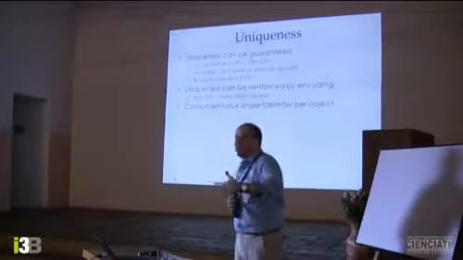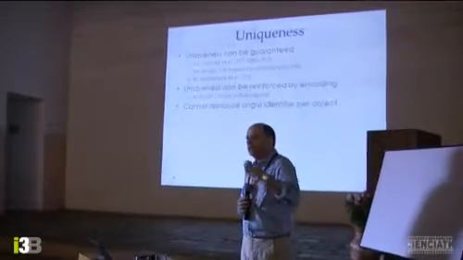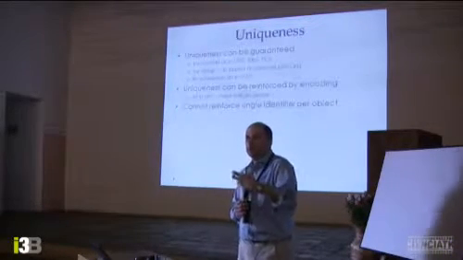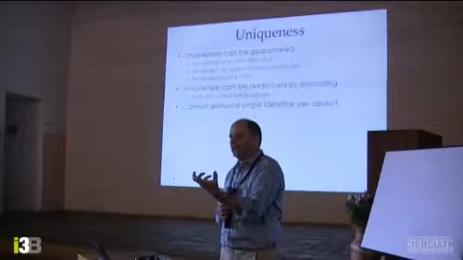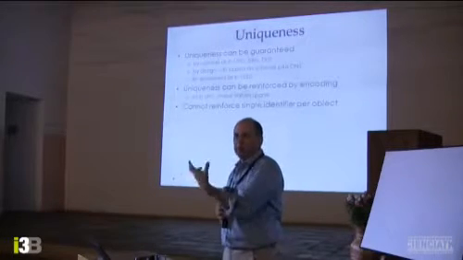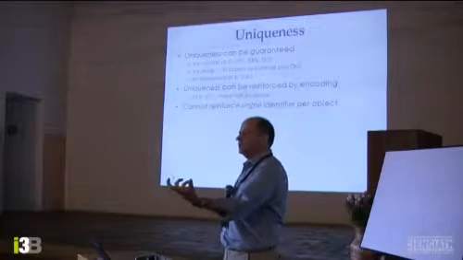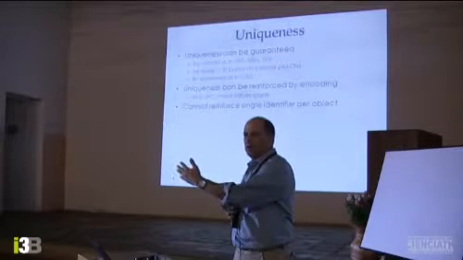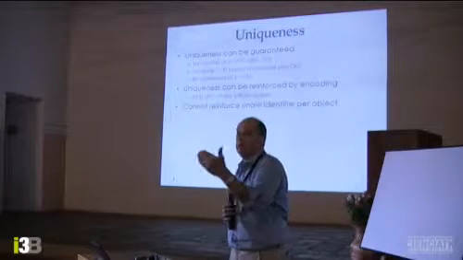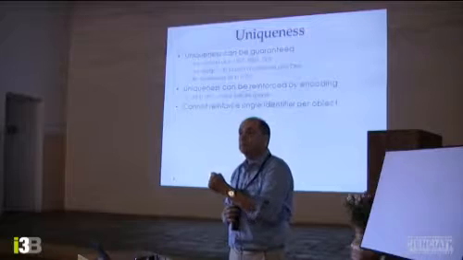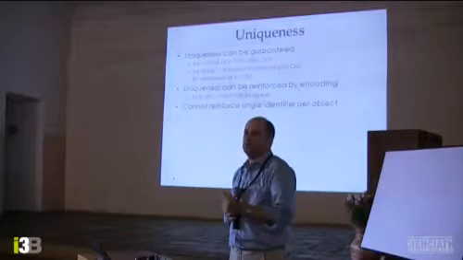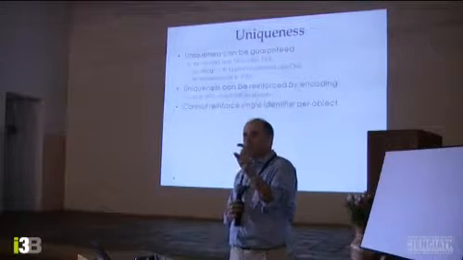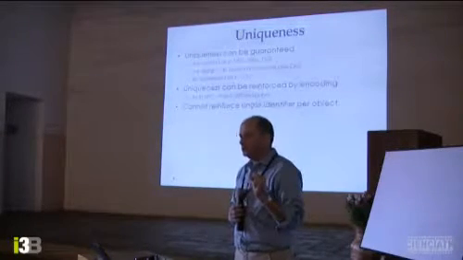Okay, so uniqueness can be guaranteed by a variety of things, and it can be reinforced by encoding. So you take the information that you want to put in the identifier, like collection code and things like that, and instead of presenting it just as a collection code, you do a little encoding on it to make it sparse or make it opaque so no one can see what's in it. So it still is the same basic information, but you change it a little bit. So UPC, they want a reliable way of reading barcodes.